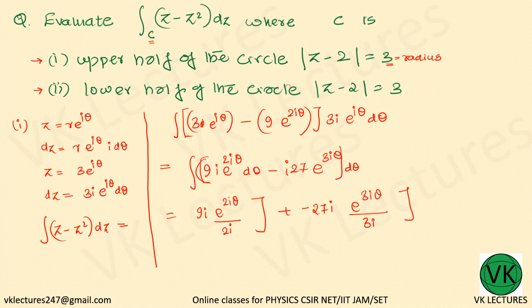Now what is the limit? Upper half of the circle. Upper half of the circle means you can take from 0 to pi, 0 to pi, which means it is in anti-clockwise.